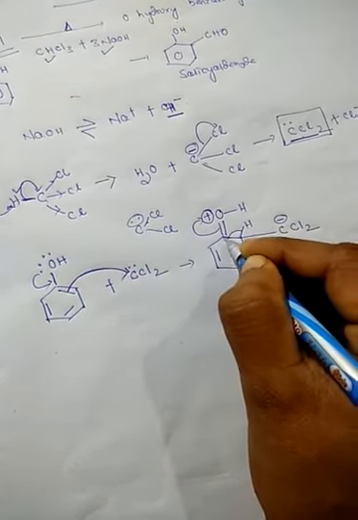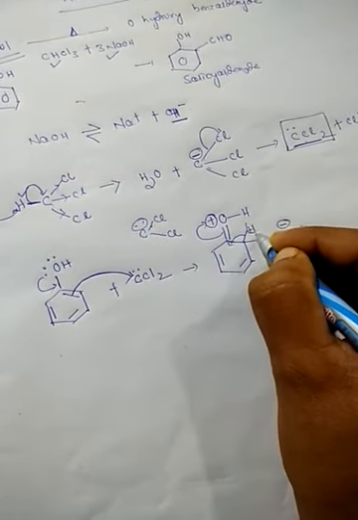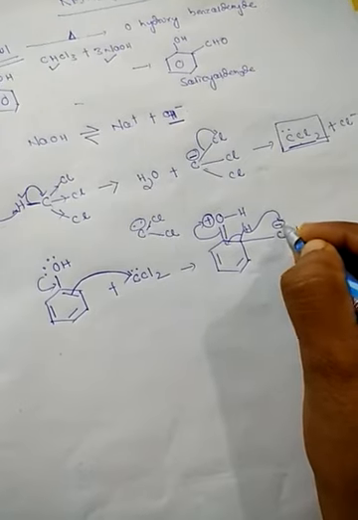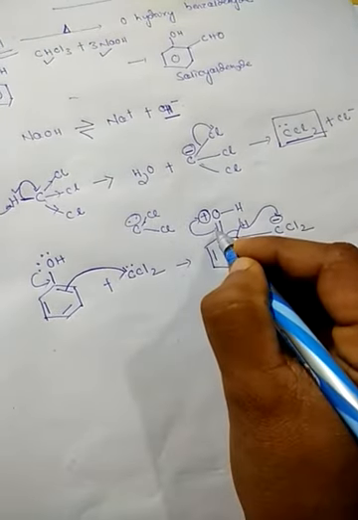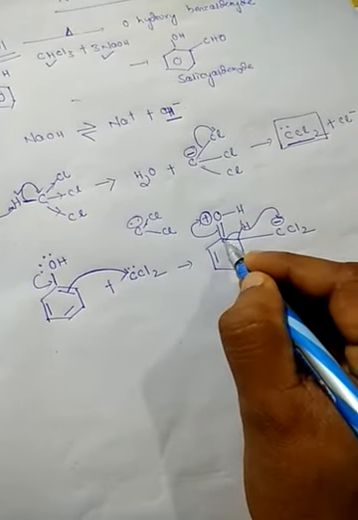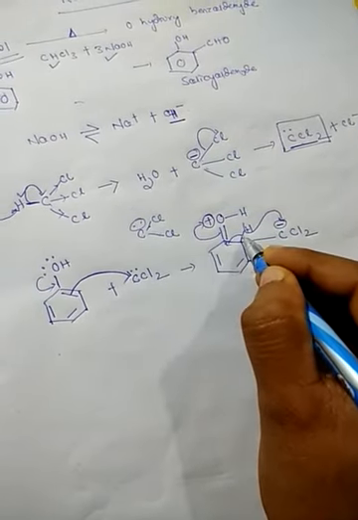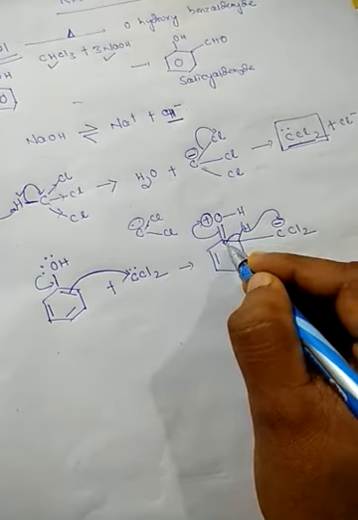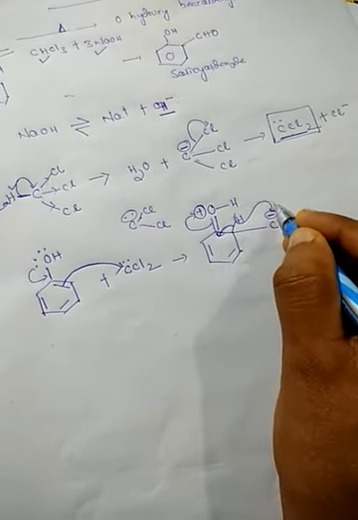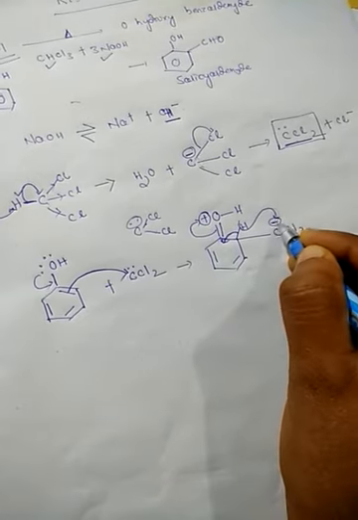Now this bond goes to this place, and removal of H+ is attracted by this negative charge. Initially this bond goes to minimize this positive charge, and this carbon will acquire a positive charge. To minimize this positive charge, this bond shifts to this place, and hydrogen is taken by this carbanion.